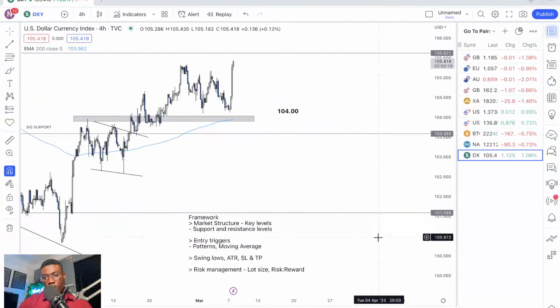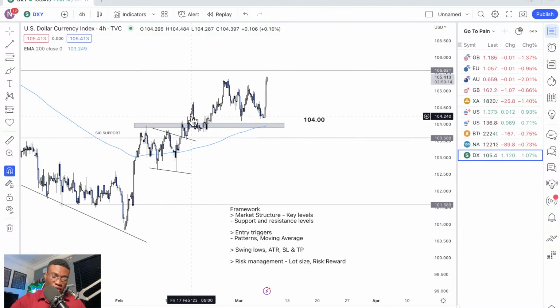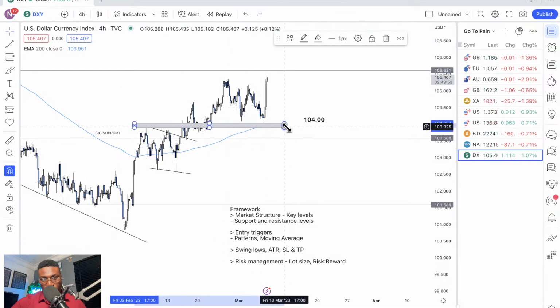Okay, so what's going on in the dollar index market? Well, first, we've identified in our previous live trading session that the 104 level is a significant level which we expected the dollar index to break above. We had a little bit of a struggle here, breaking above and sustaining that break, but the dollar index is currently trading above this key level, and it has now come to serve as support, right?